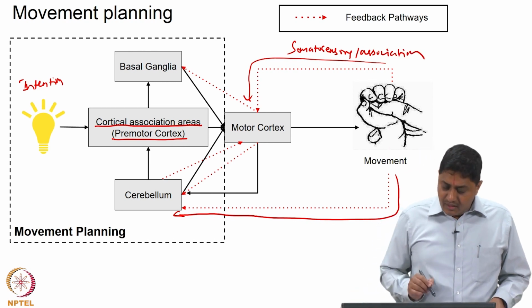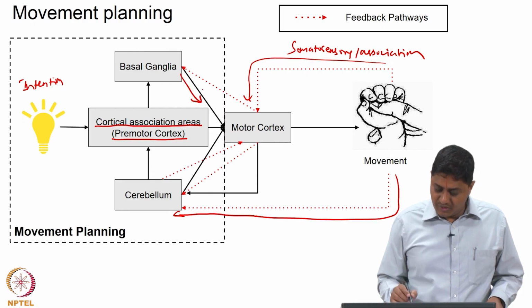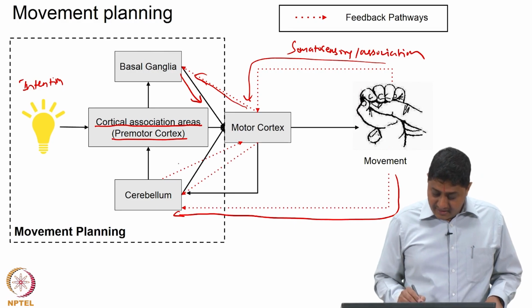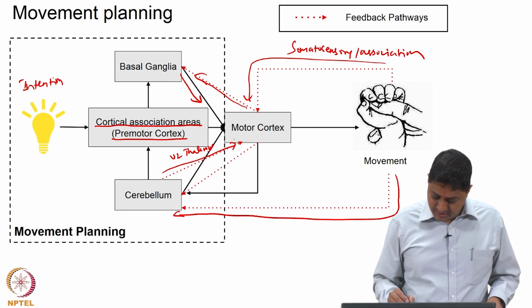Also note that the basal ganglia participates in movement modulation, and the motor cortex also controls inputs to the basal ganglia. The cerebellum projects back to the motor cortex via the VL thalamus, and the motor cortex also sends its inputs to the cerebellum via the pons.